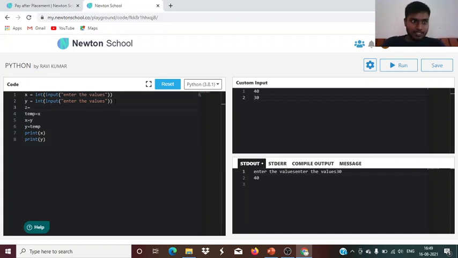We take x, y and z as int of input, enter the values. S equals x plus y plus z, divided by 2.